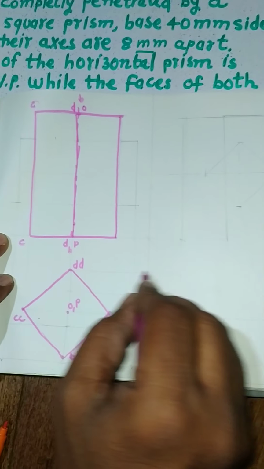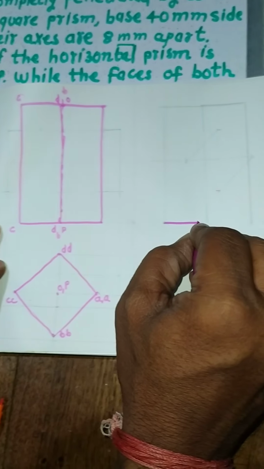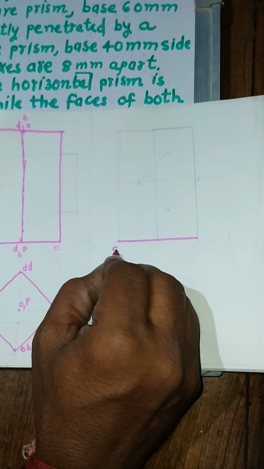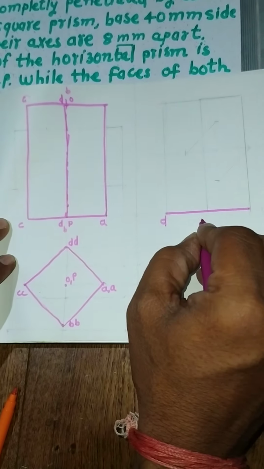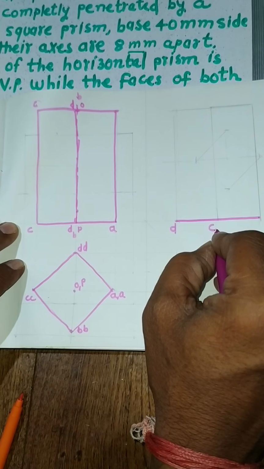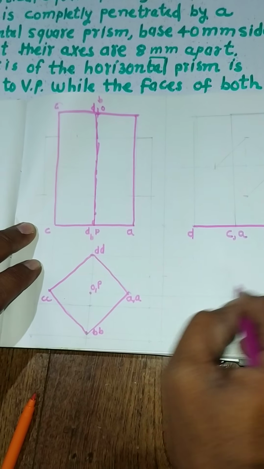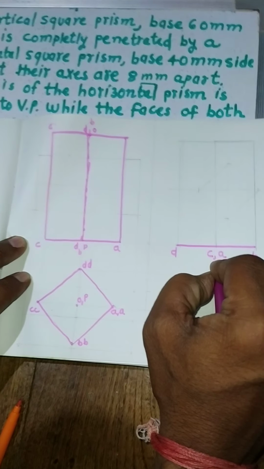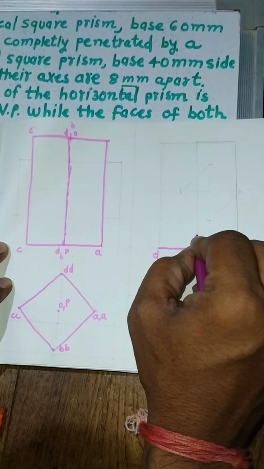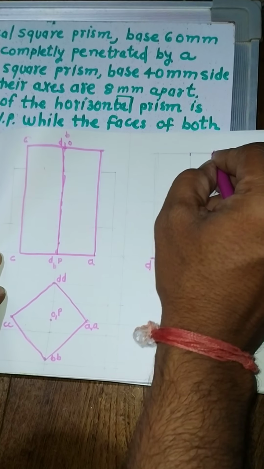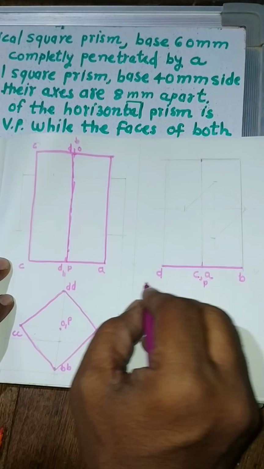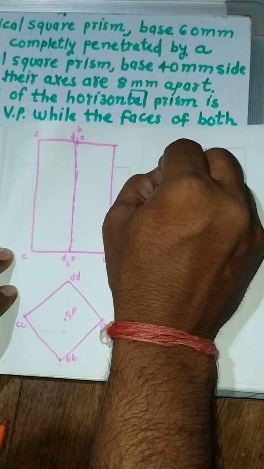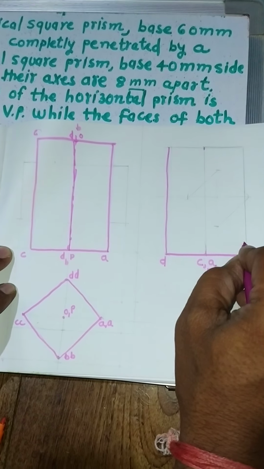Now I will transfer this point. I will draw the side view. This is the base. This will be point D, C, A, and B. This is the axis. This is also point P. This is the axis, which is 100 mm. This is the edge DD. This is the edge BB.